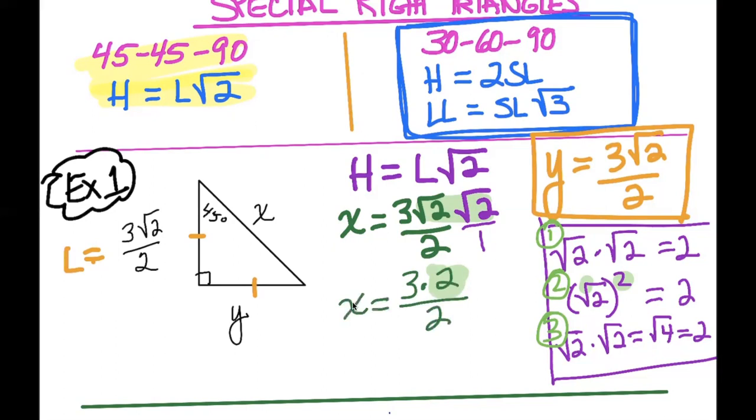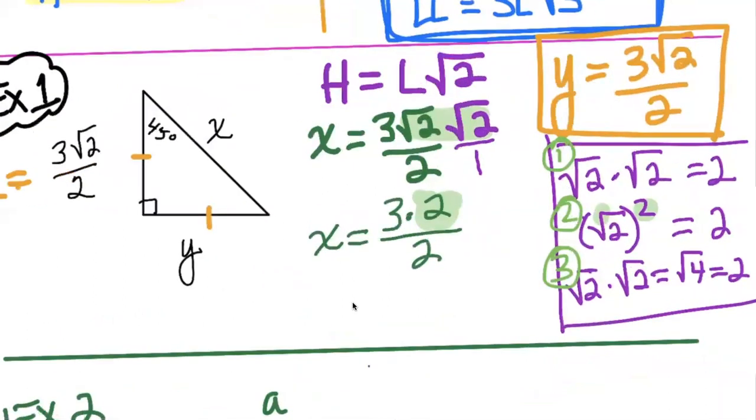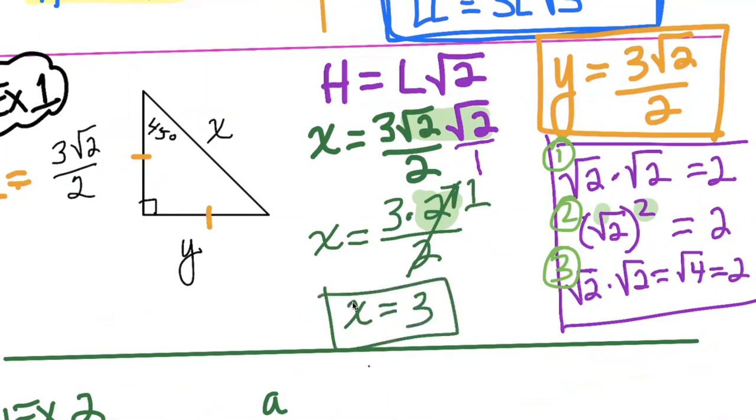Bring down the rest of the equation, and here you just got a sneak peek, that these two become a 1, and your final result is 3. Okay, so we just got the hypotenuse and the other leg. Okie doke, let's move on.